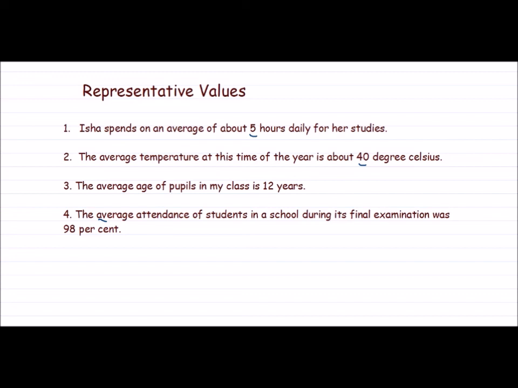Different forms of data need different forms of representative values. One of these representative values is arithmetic mean, which has the same meaning as average. Now we will be learning about that representative value, the arithmetic mean, in our next video.